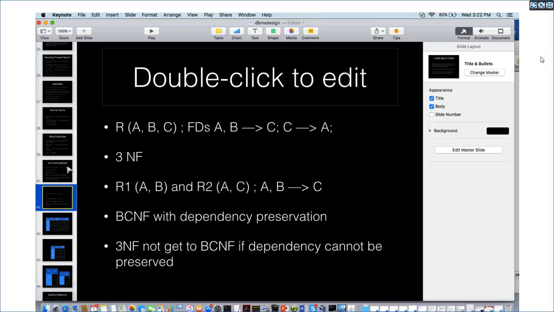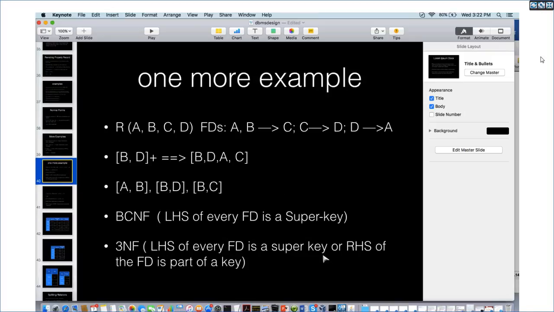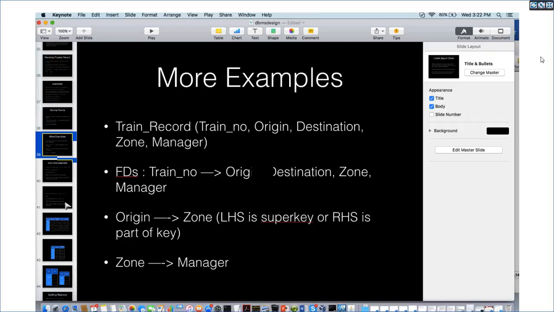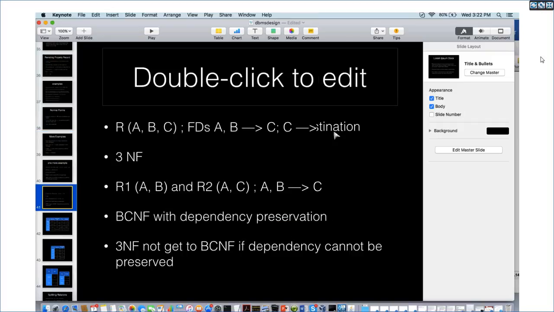I'm explaining this by saying that for any change you make here, for example, C is part of the key. If you split this relation for BCNF, you get this into BCNF, but then you violate the dependency requirement. This won't be preserving the dependencies.